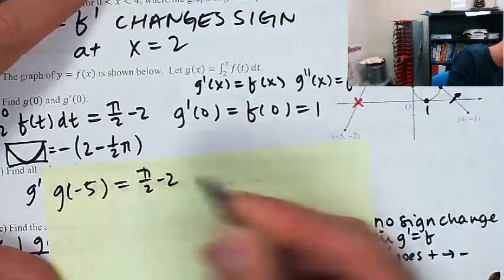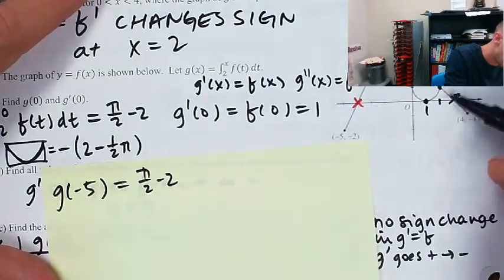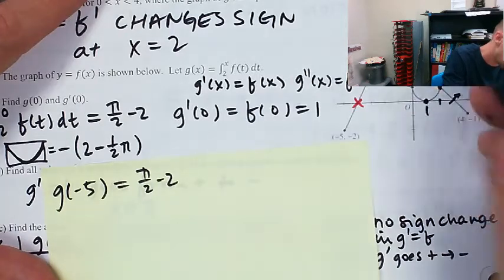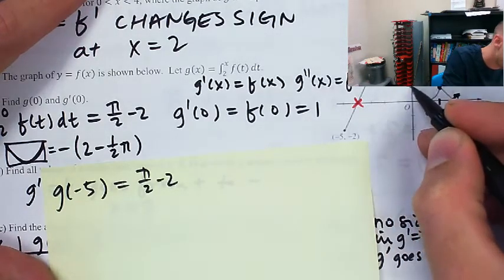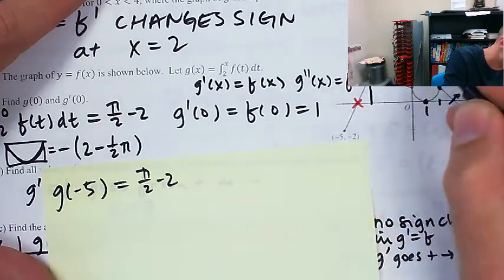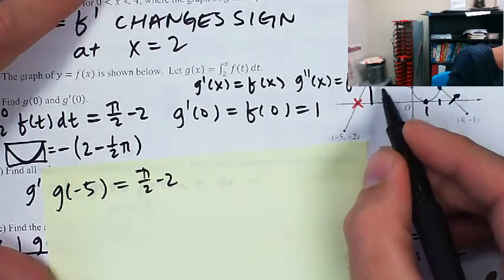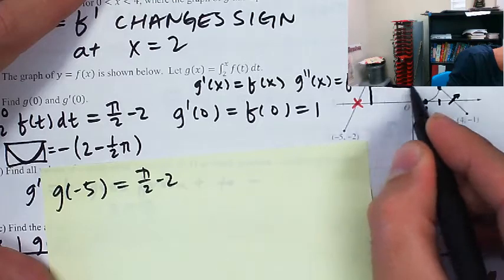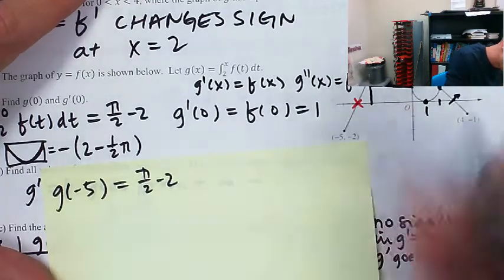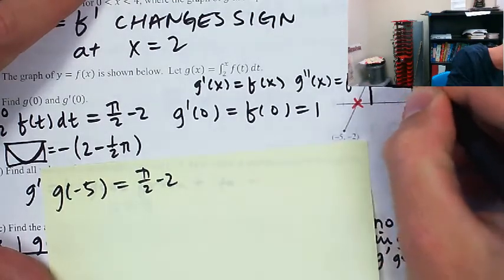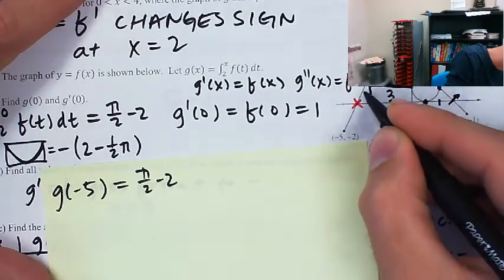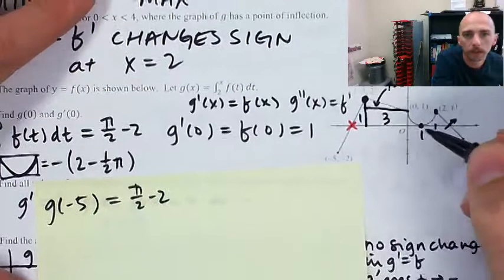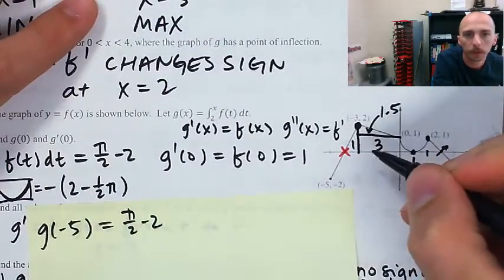Equals pi over 2 minus 2 from going from here back to 0. Then I'm going to have to subtract the area of this trapezoid-looking thing, but it's not really a trapezoid, so I'm going to have to divide it up into maybe, let's say that's a 1.5 area, this is a 3 area, and this is going to be a 1 area. So you can't even see what I was just doing there.